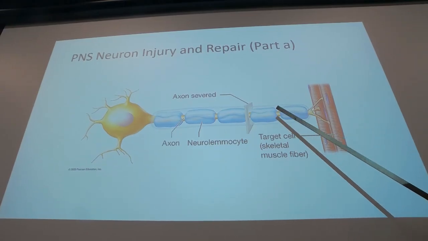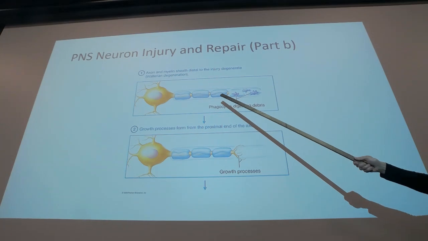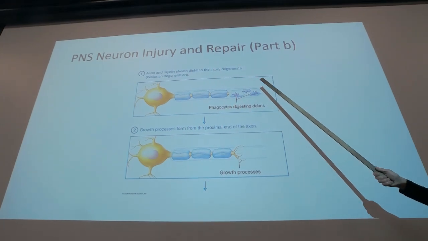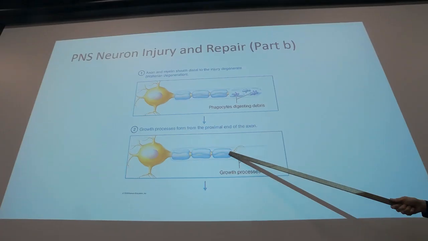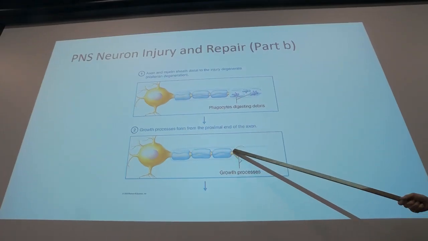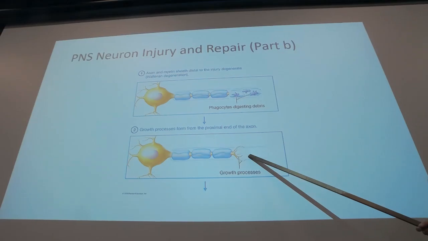Eventually, with time, these will reconnect. So first you miss this part, and this part will regrow with the aid of some peripheral cells or satellite cells.